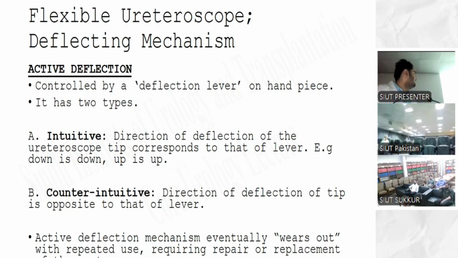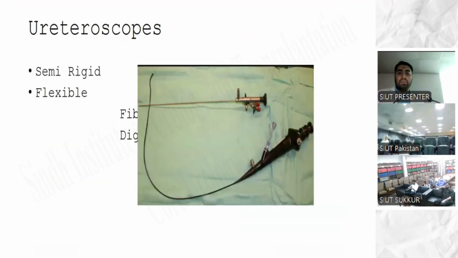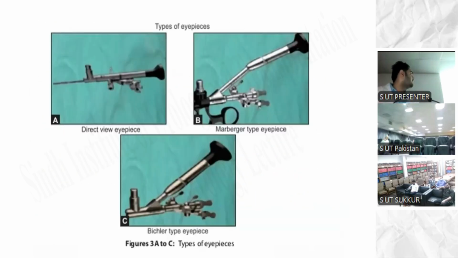Now, as far as the deflecting mechanism of the flexible ureteroscope is concerned, it is very important. Try to understand these mechanisms: what is active deflection and what is passive deflection. Active deflection is of two types, intuitive and counterintuitive. For example, this is a flexible URS, and it has a lever.